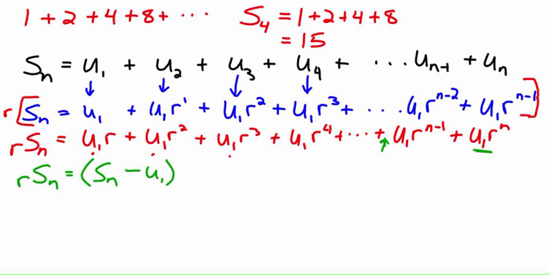Because you probably noticed that in the red, there's not a u of 1 like there was in the blue, a u of 1 with no r attached to it. So if we take the s of n, which is what we said in the blue, and we subtract u of 1, then we have this thing that we have in the red equation. Hoping this isn't getting too confusing. And then we're going to just add u of 1 times r to the nth power.